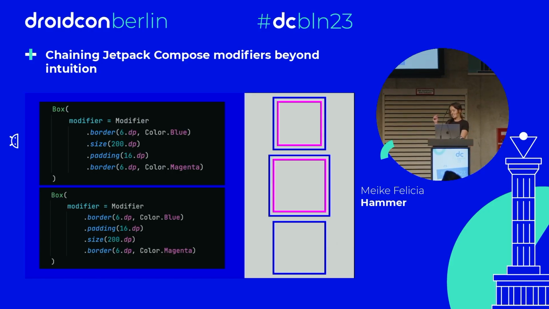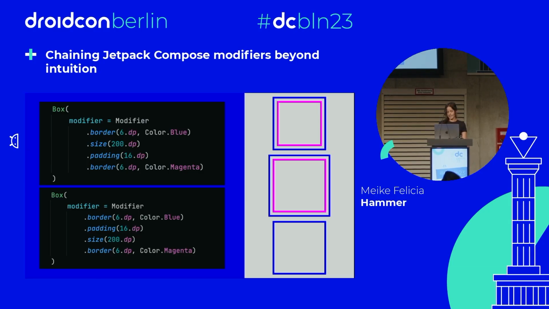On the other hand, the larger one, our next box, is just swapping the position of padding and size, and that leads to the blue border coming in again, and then our padding appears and says, okay, whatever size I should finally have, I will add another 16 dp to that.